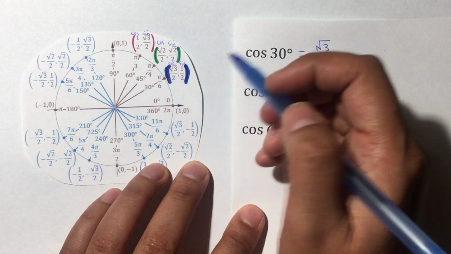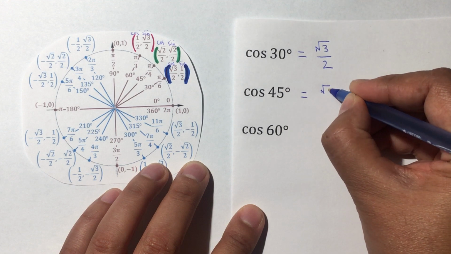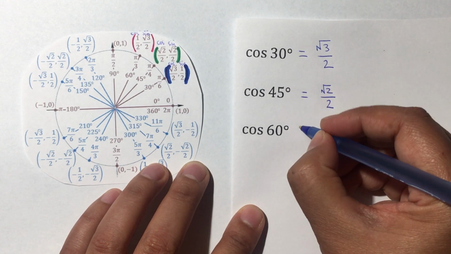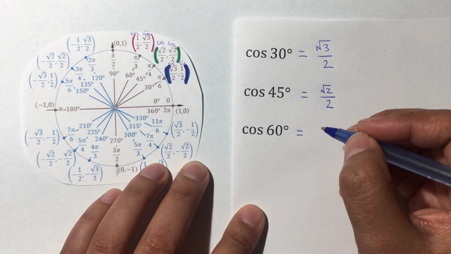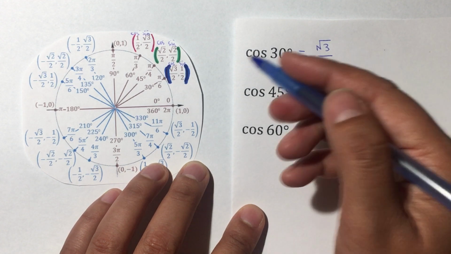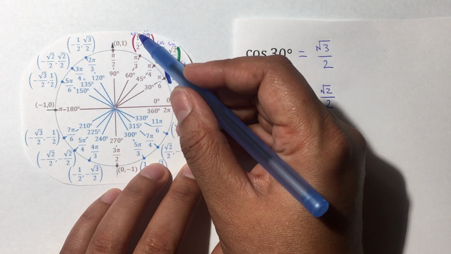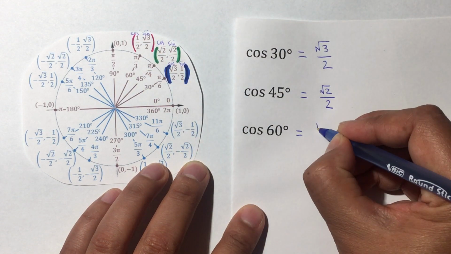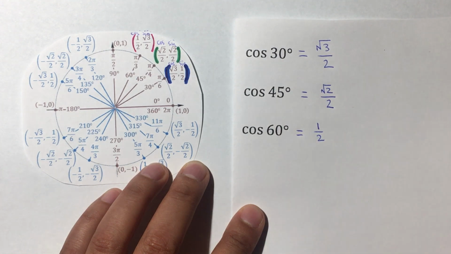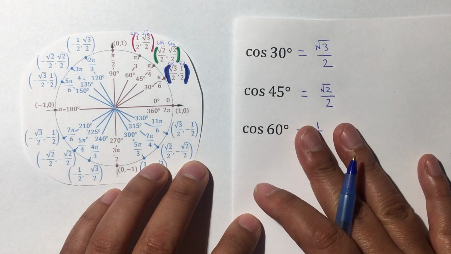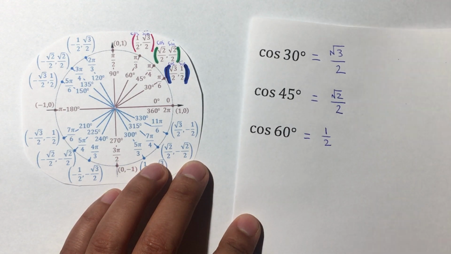Cosine is the x value, so it's going to be square root of 2 over 2. Cosine of 60. Cosine of 60 is the first value, which is 1/2. It's that simple, okay? It's just being able to find the right values for our sines and cosines.